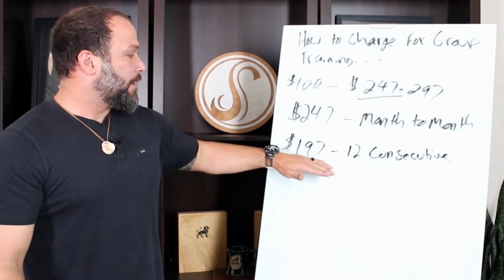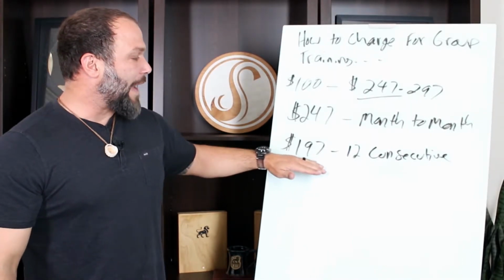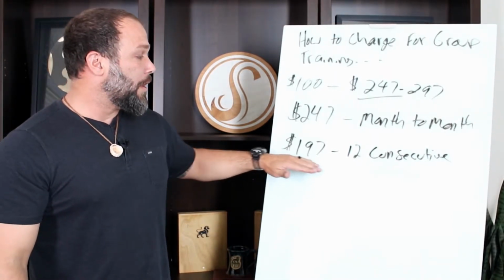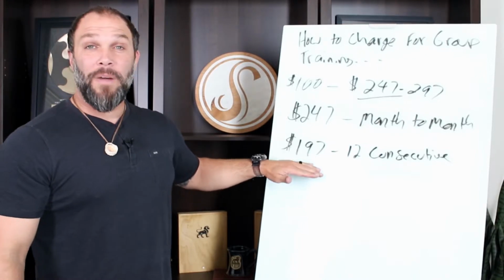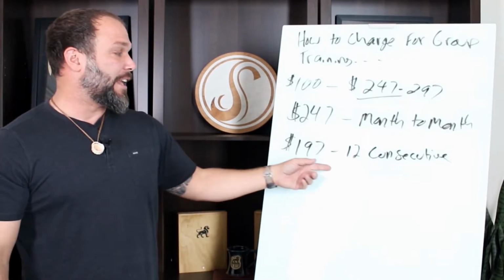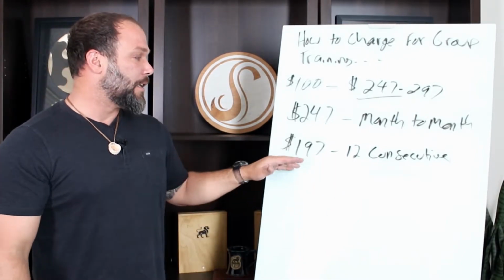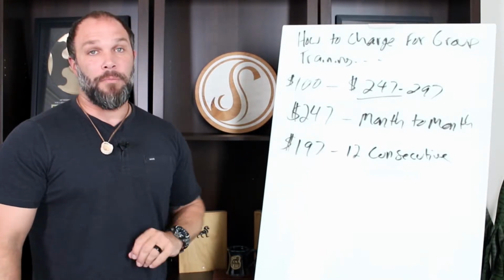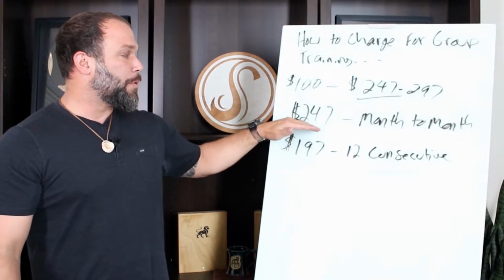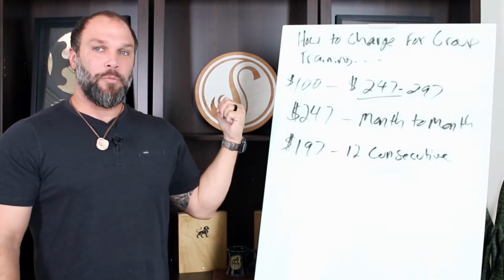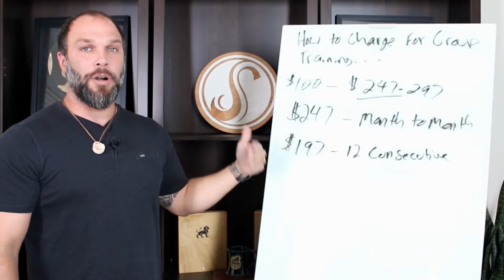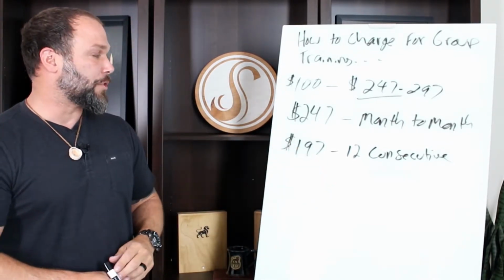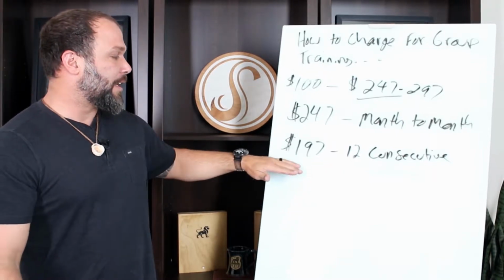And they can always back out of this one. So if they are 3 or 4 months into their program and they decide they can't finish for whatever reason, then we allow them to switch it to a month-to-month program. But when they switch to a month-to-month program, they have to backdate it to when they started and pay the difference of $50 per month in order to cancel, or they can finish out the 12 months.